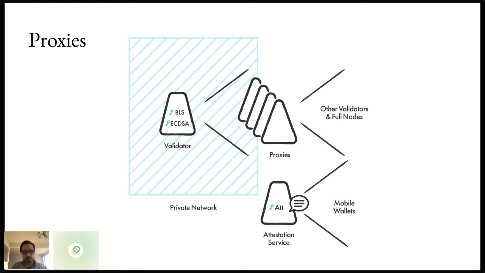And one other important note that I want to mention is that the proxies receive all the messages from the external network, and then they do all the authentication and verification of those messages before forwarding them to the validator. So that's part of the protection it provides for these validators.